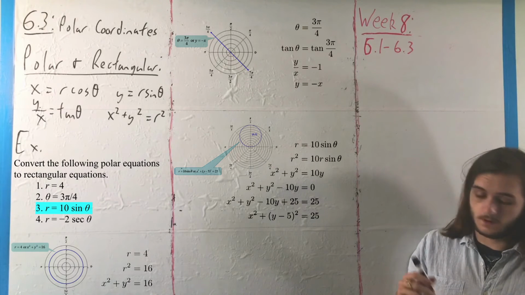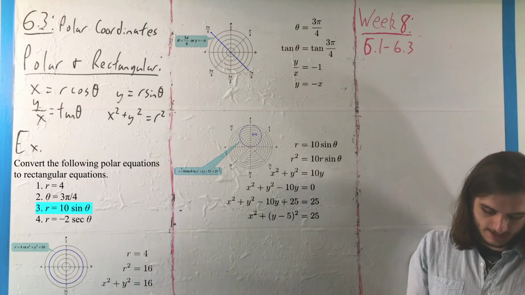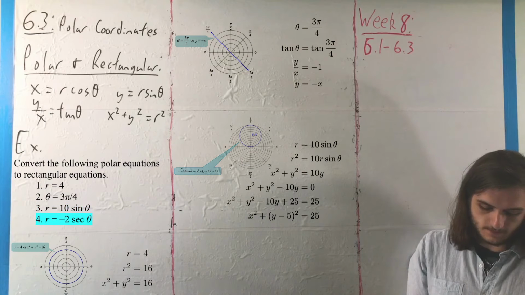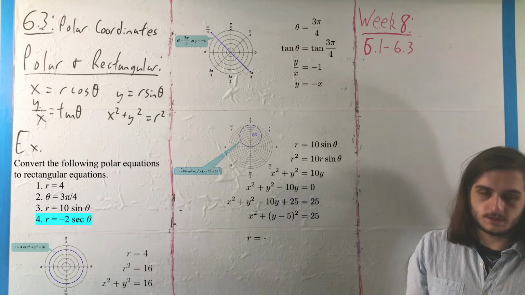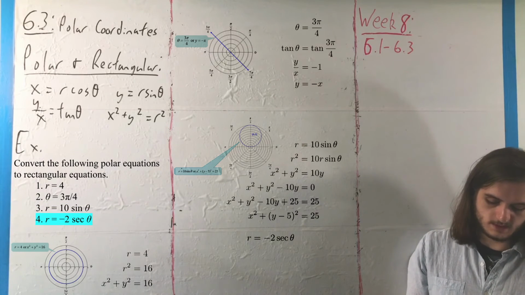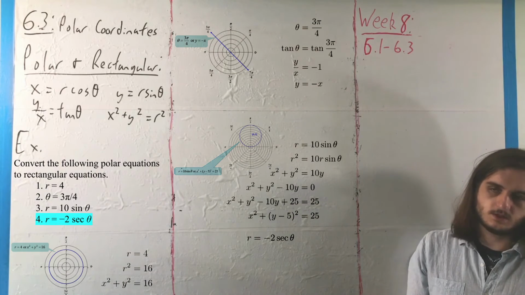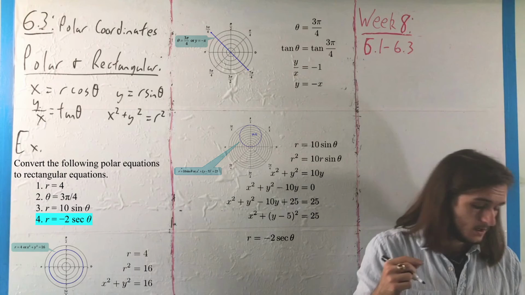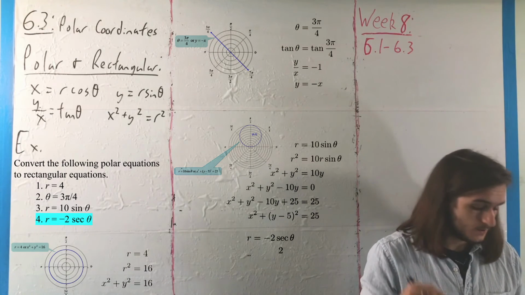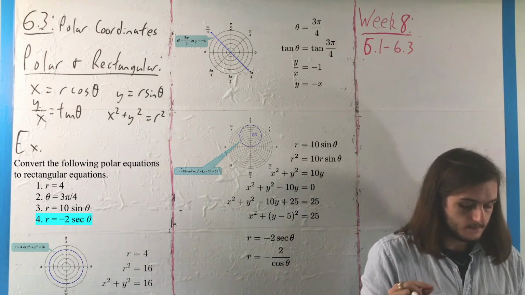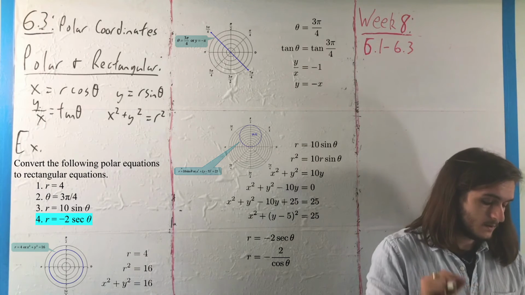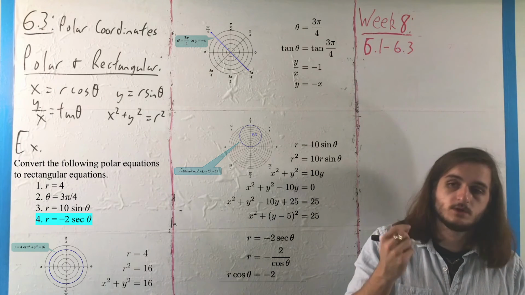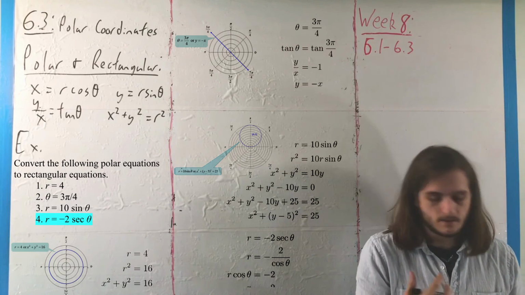And then for our fourth and final case, we have r equals -2 secant. It's not so great, but we can remember that secant is 1 over cosine, so we can say that r is instead equal to -2 over cosine. Pull the cosine over, and we have r cosine theta is equal to -2, or x is equal to -2.